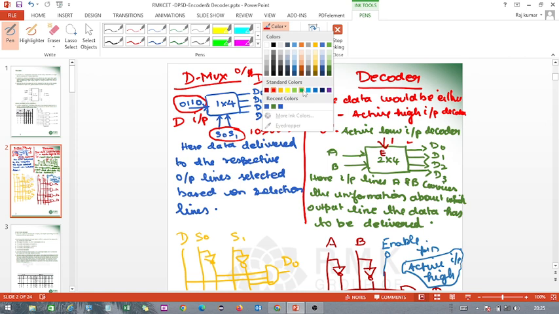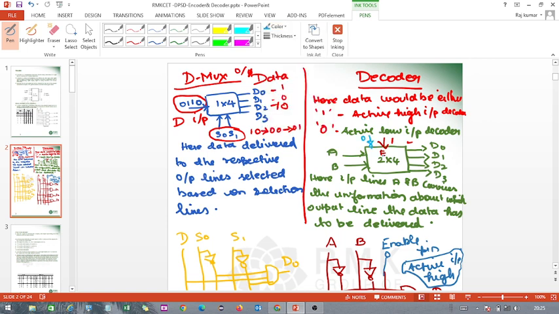Got it? So these are the two differences you will see in your block diagrams. If they are symbolizing with E in a simple notation, then you're dealing with an active high input decoder. Here the input is always either 1 or 0, but not both.